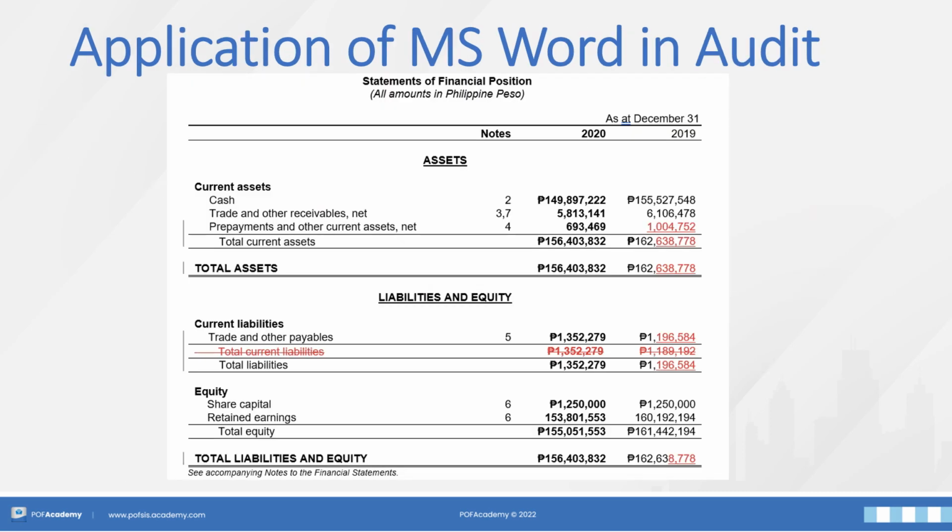So, moving forward, let's go to the application of Microsoft Word in Audit. Basically, we are using Microsoft Word by editing the financial statements of the client. So, we are using track changes para ma-track yung mga changes, especially when we're in the process of the financial statements review. We're doing the FCTR. Then after that, we are also using indentation.